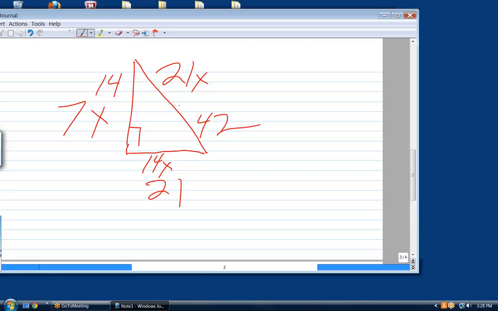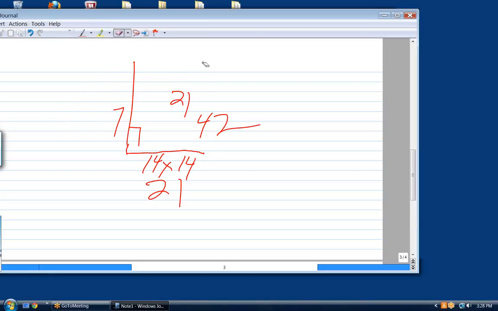Yeah. Because it's hard for me to believe that this triangle exists, where you could have a right triangle where there would be multiples of 7 consecutively. In other words, 7, 14, and 21 are consecutive multiples of 7. That's 1 times 7, 2 times 7, 3 times 7, if that's what she means.